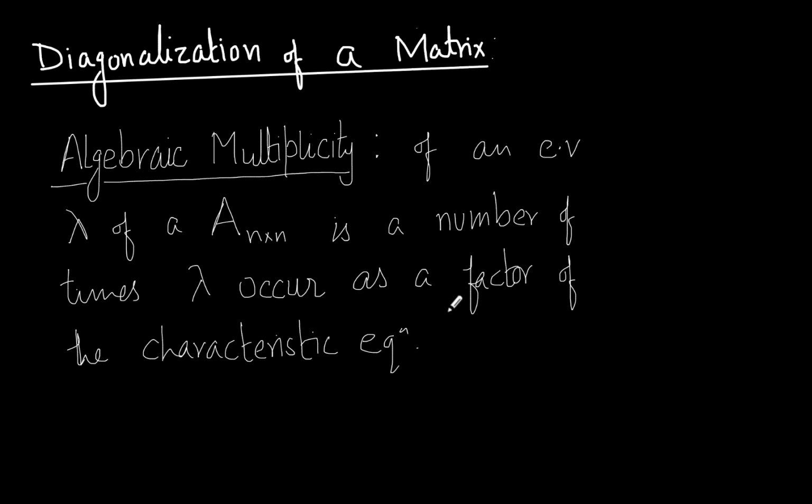What does it mean? Suppose you have a square matrix A of order n cross n. If you find its characteristic equation, you know that it is given by determinant of A minus lambda I equals 0.